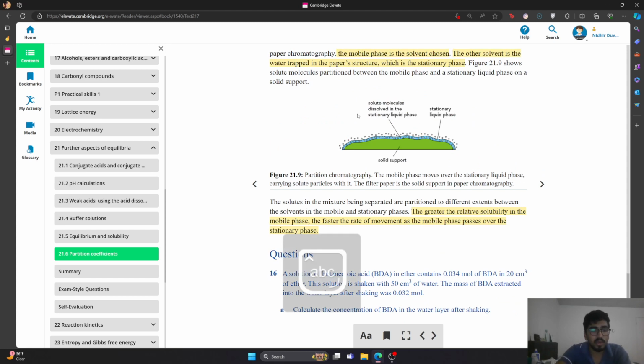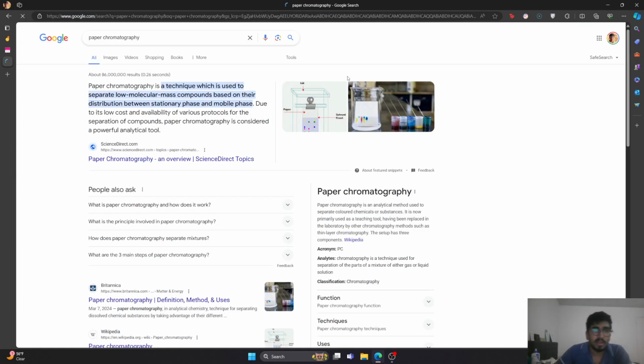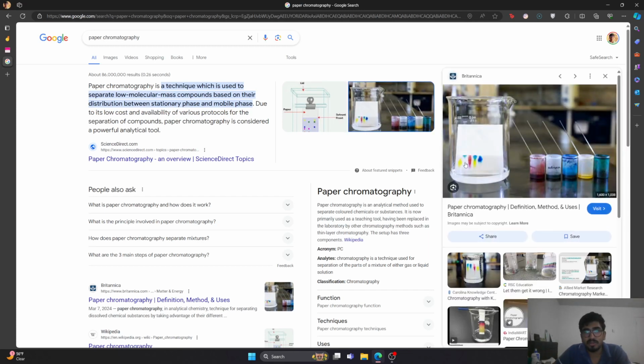So if we quickly look at maybe a picture of paper chromatography, we see something like this. Things start moving. You must have done this experiment in lab also. You see that a dot of different color can move a different amount. This depends on how much solubility it has in the mobile phase. So you can separate out say blue color from yellow color.